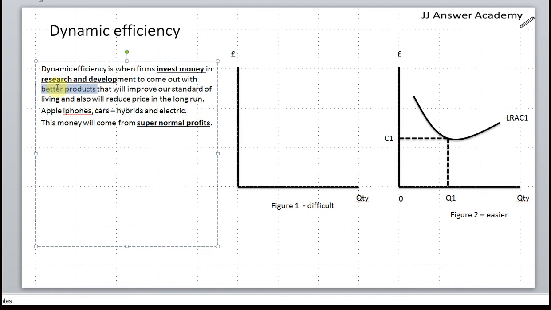So when we have better products, we're looking at two of the easiest ways to describe improvement in human welfare. We look at consumer choice, has it gone up, and we also look at prices in the long run, have they gone down.